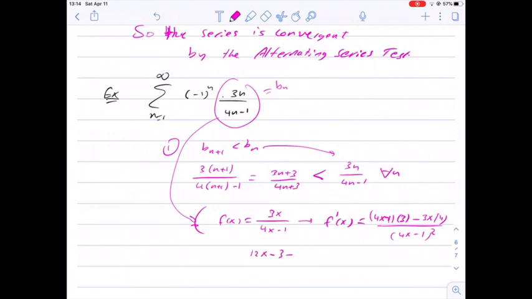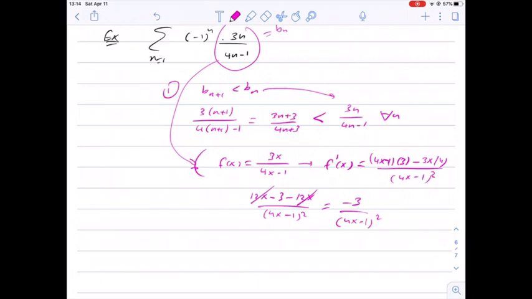So we have 12x minus 3 minus 12x over (4x minus 1) squared, and we cancel these. We get -3 over (4x minus 1) squared, and since the denominator is positive because it's squared, the numerator is negative. That means this is less than 0 for all n.